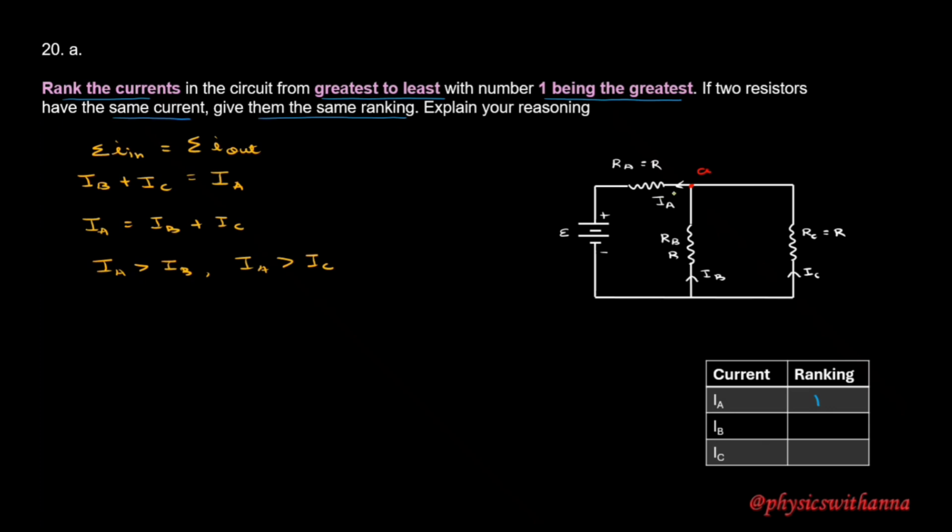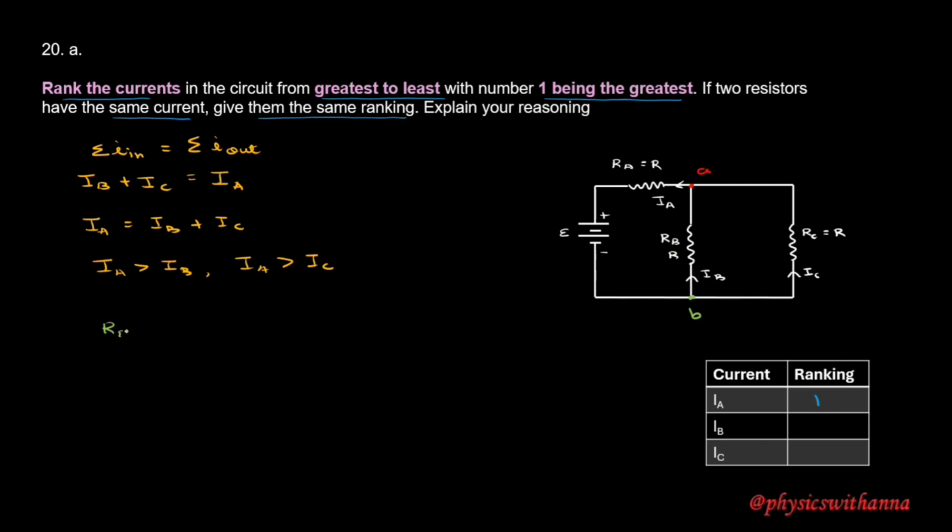Now if you look at current IA here, it splits at the junction here, we will call this junction B, and divides into IB and IC. The magnitude of current IB and IC will depend on the resistors RB and RC. Greater the resistance, smaller will be the current flowing through it, and smaller the resistance, greater will be the current flowing through it. Here both RB and RC have equal value.